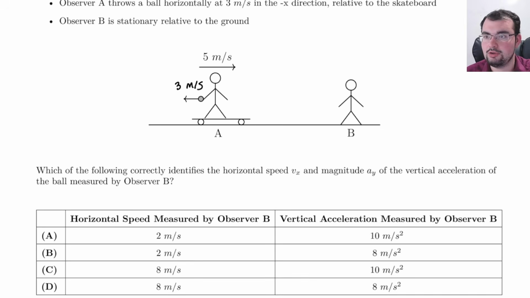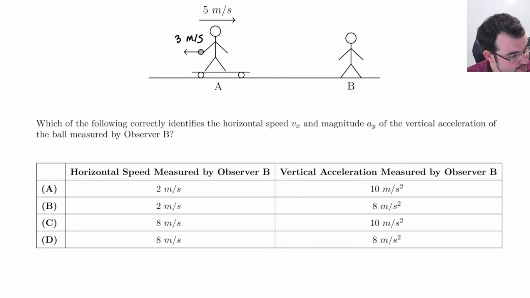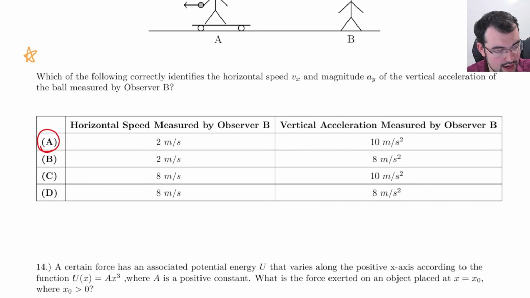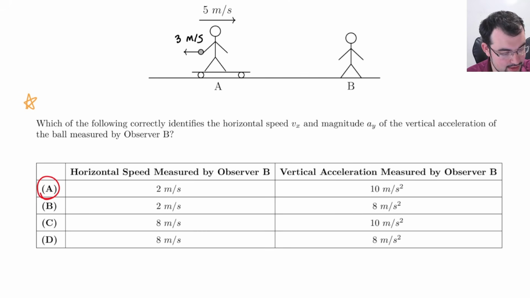So it's not going to approach them as quickly. The person couldn't totally cancel the skateboard velocity, so they're going to measure 2 meters per second. All observers can disagree on speed, but they don't disagree on acceleration. So everyone agrees the acceleration is going to be g, because everybody agrees on accelerations, but people can disagree on velocities.